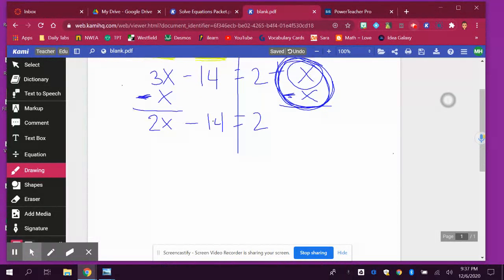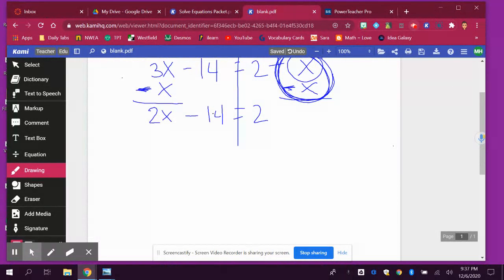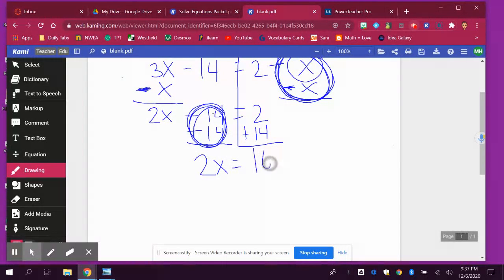Brand new equation. Next, I have a two-step equation, so I'm going to solve this. I have a negative 14 and a positive 14 gives me 0. Whatever I do to one side, I have to do to the other. This is 0. So now I have 2x equals 16.